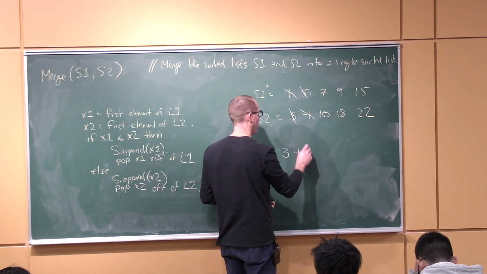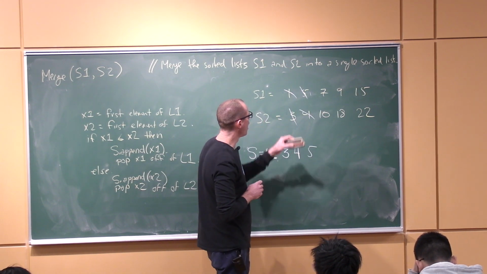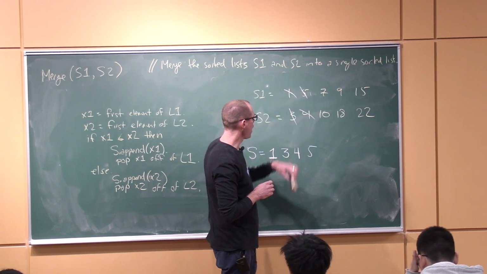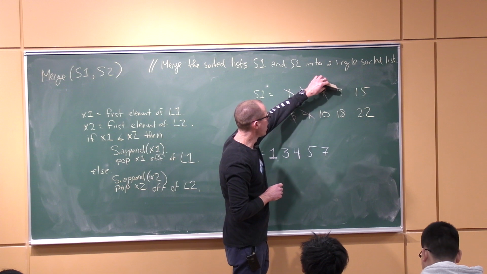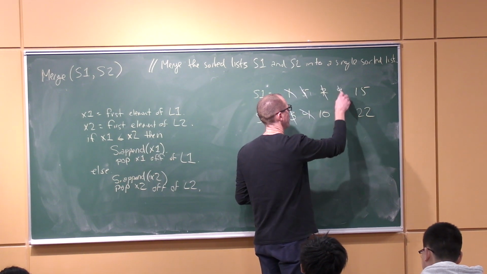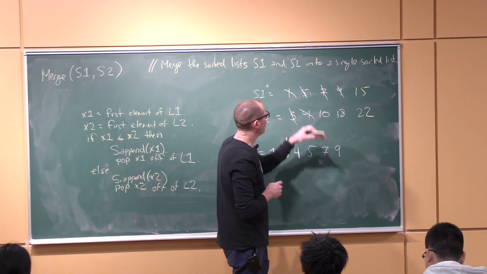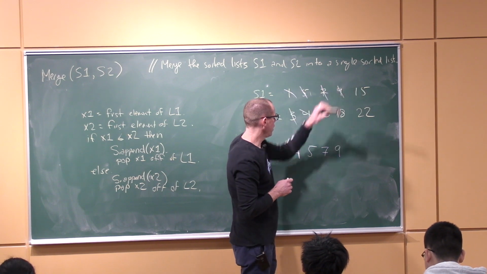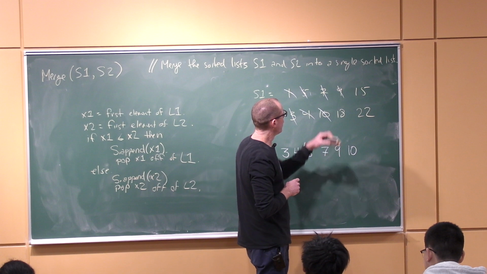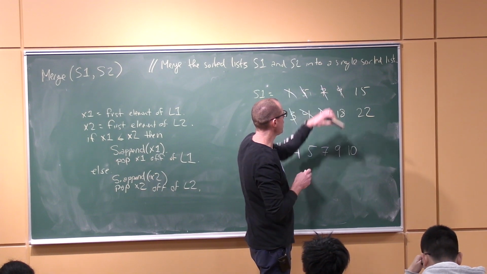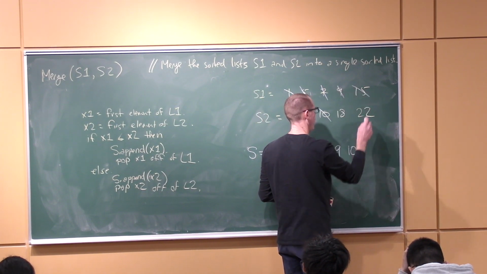We take the 5 and cross it off. 7 versus 10, we take the 7. 10 versus 9, we take the 9. 10 versus 15, we take the 10. 15 versus 18, we take the 15.